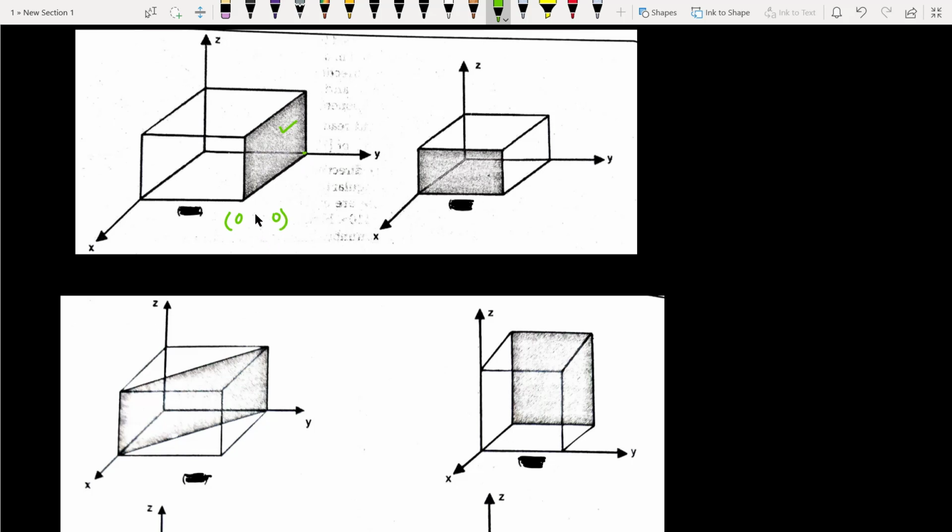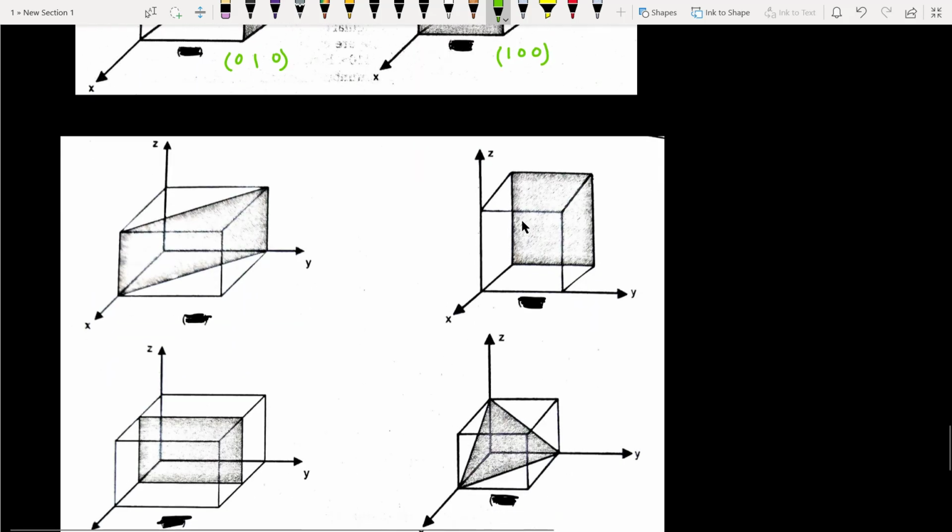For y-axis it will be 1. Now coming to this plane, it is parallel to y-axis and z-axis and cuts the x-axis. So Miller index for y and z-axis will be 0. For x-axis it will be 1.